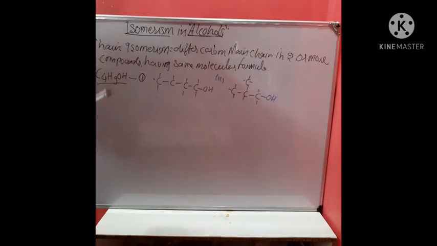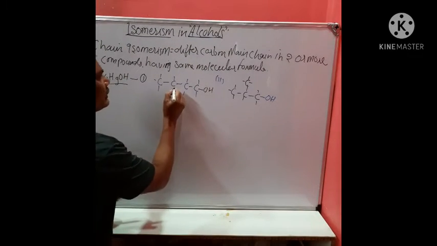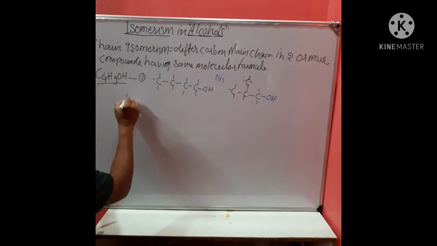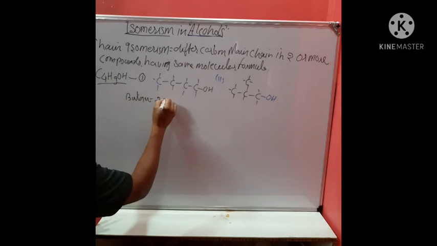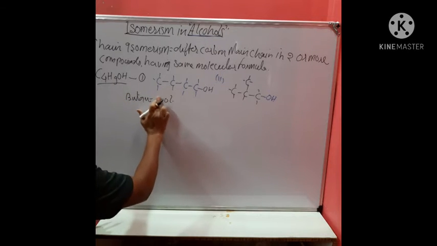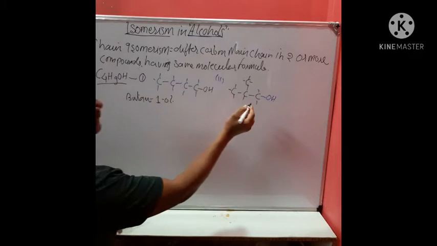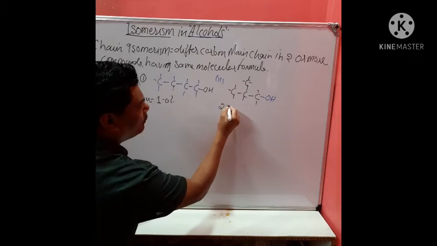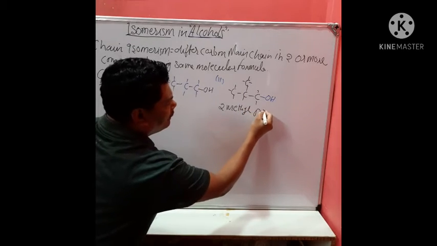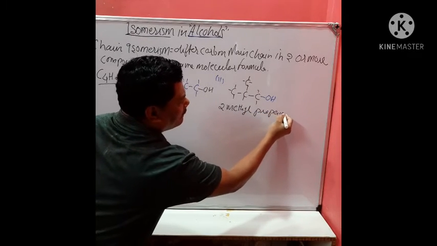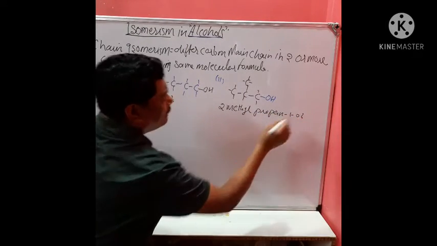Now the names of these two compounds are different. This one is butan-1-ol, and this one is 2-methylpropan-1-ol.